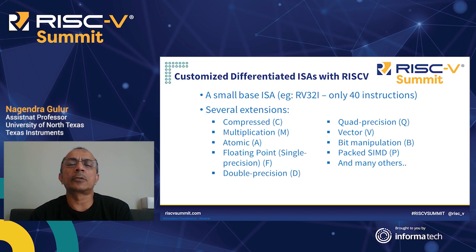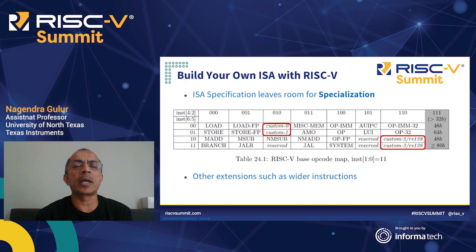Of course the vector extension is currently being worked on, as well as several others like bit manipulation and packed SIMD, which are currently undergoing the standardization process. So the opportunity with RISC-V is that you can start with your base ISA and pick and choose different kinds of extensions to fit the architecture that you implement to suit your application space.